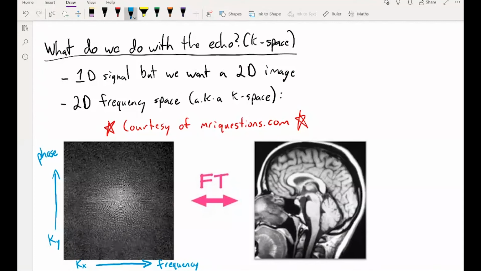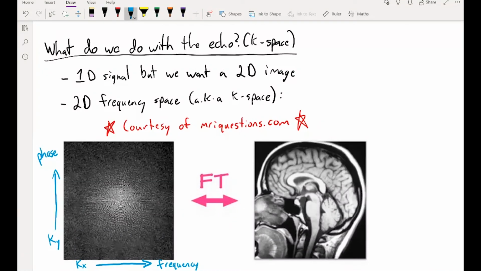Okay, all but one of the figures in this section, the K-space section, are from this website called mriquestions.com. It looks like it's out of the 90s or early 2000s, but it is probably the best resource I found online for more technical MRI questions these days.